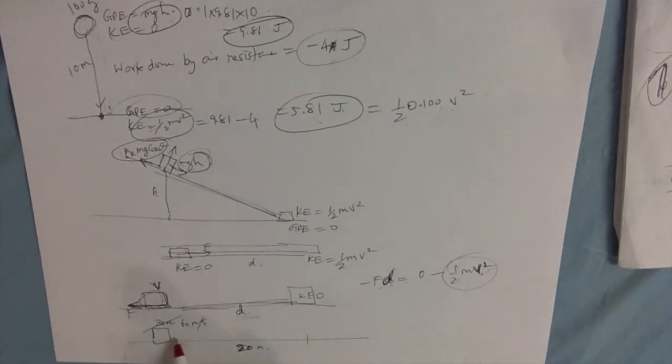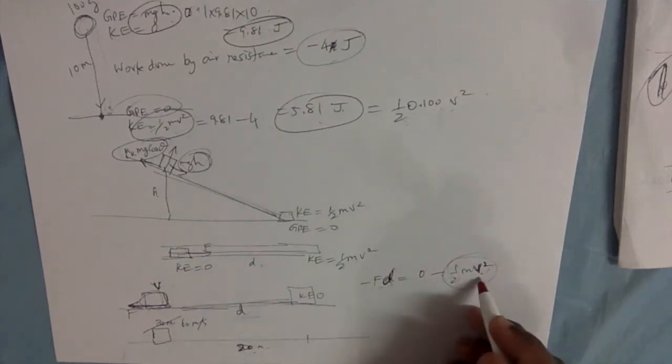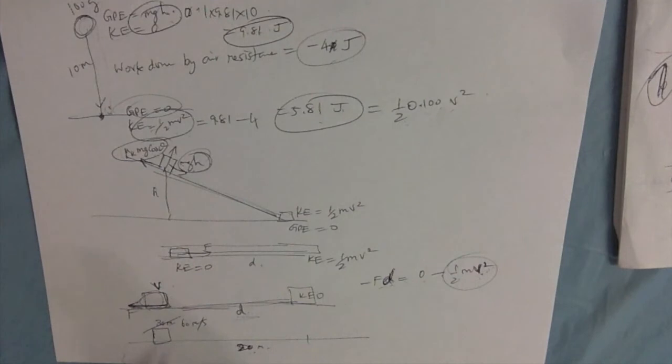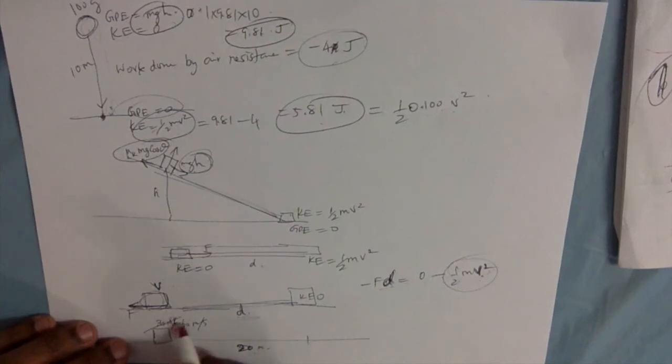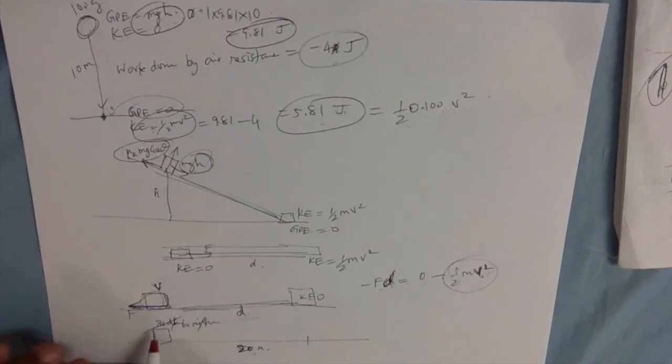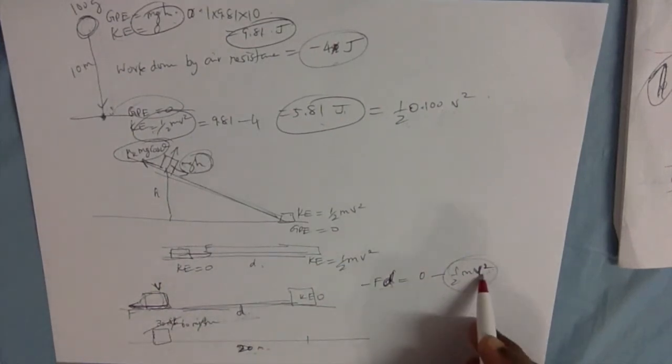When you double the velocity, what will happen to the displacement? If you're going at 30 miles per hour and then you change it to 60 miles per hour, your velocity is getting doubled.